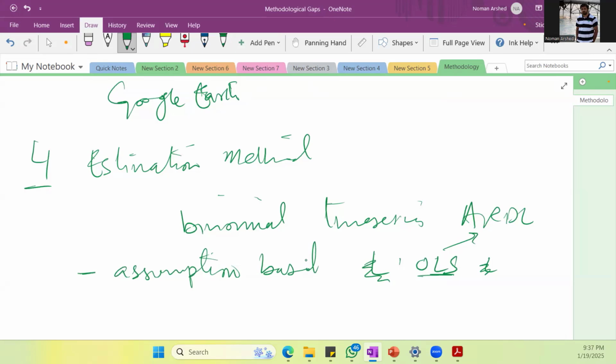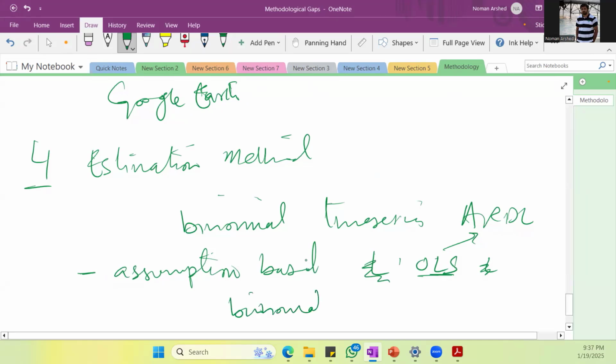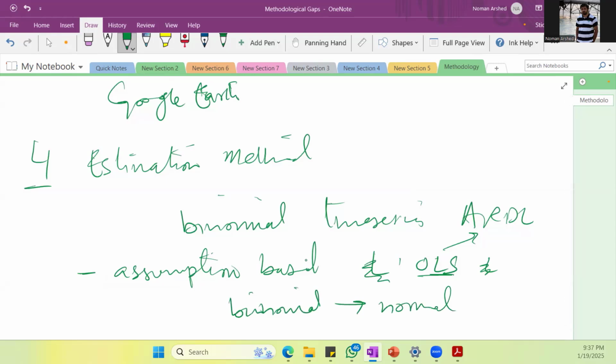I forgot the name of the case where OLS is applied instead of logit and probit, even when the dependent variable is binomial, because according to the central limit theorem, if the sample is large enough, the binomial distribution becomes normal. So you can apply it.